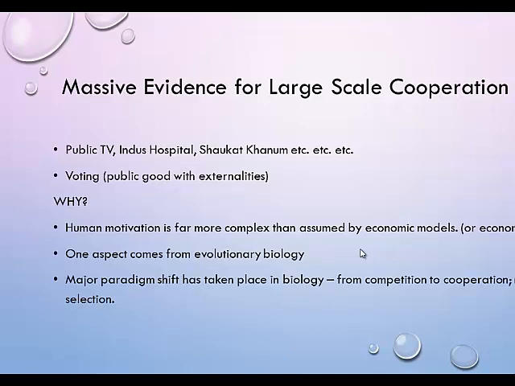This reason comes from evolutionary biology, which says that certain types of behavior are preferred by evolution. Now, a major paradigm shift has taken place in biology over the past 30 years.